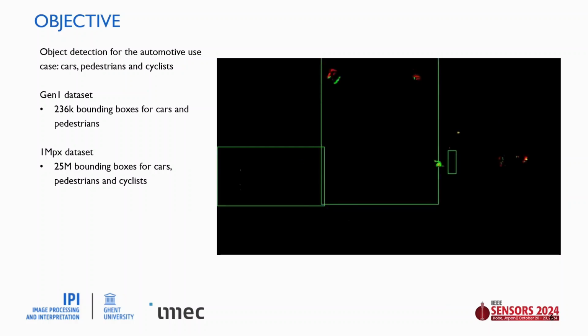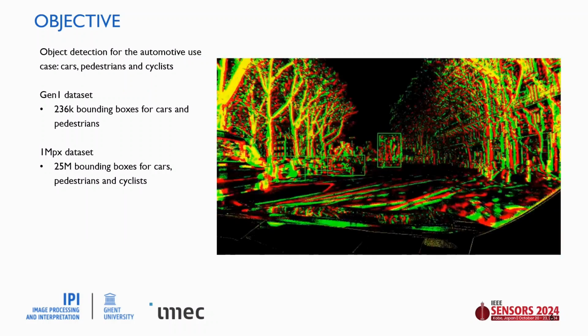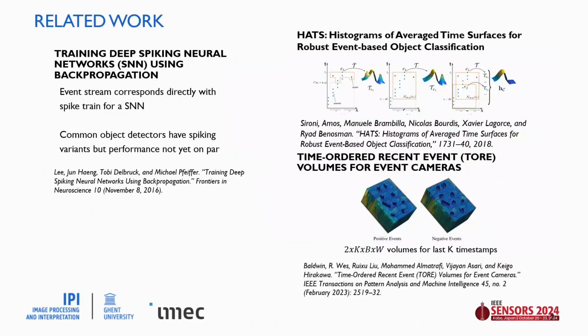I should specify that we use an event frame representation here, where we show positive events as green and negative events as red, and they're collected between every frame cycle. This representation is chosen just because it's more visible, or more interpretable, for us, instead of showing the direct event point cloud.